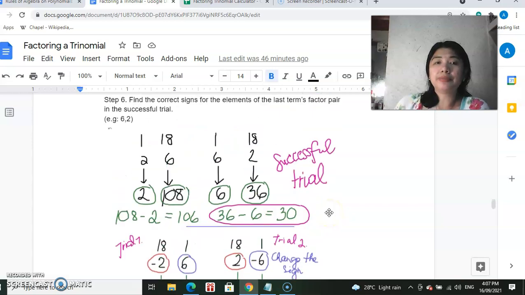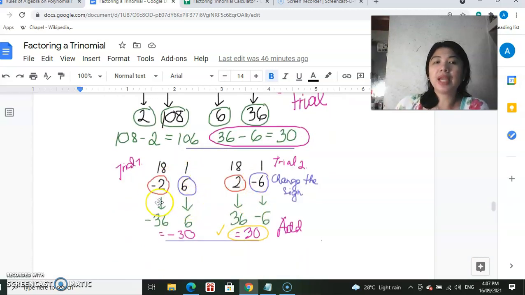Again, no, ang nidaog kay ang 18 i-pair sa 2 and then 1 i-pair sa 6. So, ato lang gi usap-usap ang signs. So, in trial 1 here, ang 2 ang negative and then 6 ang positive. Sa trial 2, 2 is positive and 6 is negative.